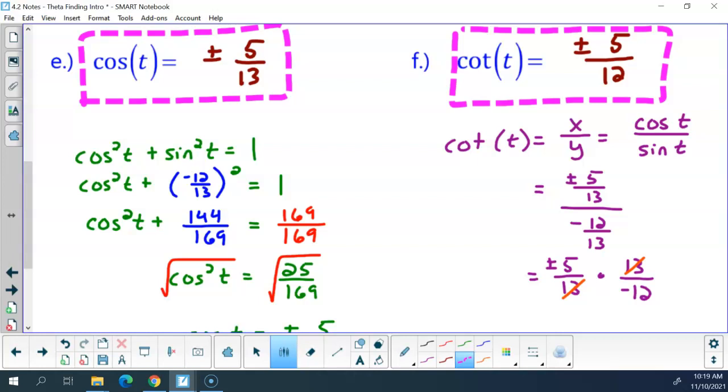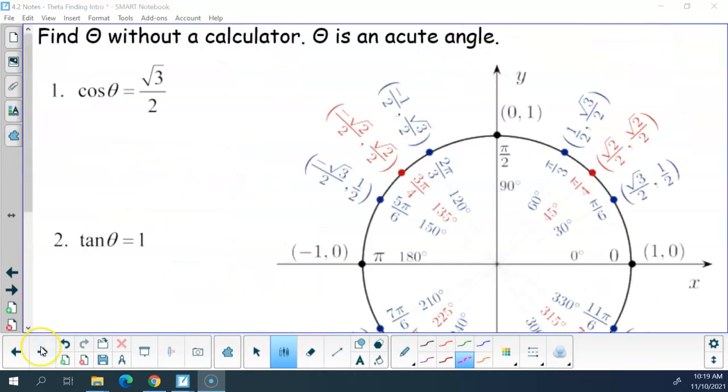Okay. Good. With that being said, we are done now with the pink sheet. If you wanted to store it away for future keeping, that's fine. All right. So what we are going to do now is start finding theta, and we're going to find theta on the unit circle.